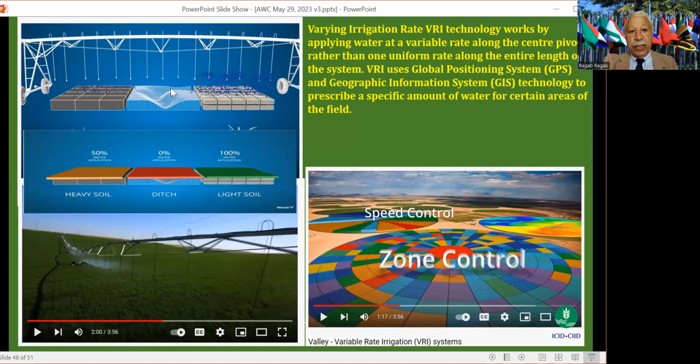No water needs to be applied to the ditch, and a lighter amount of water is applied to the heavy soil compared to the light soil. So you can have that sort of mosaic. Not everywhere gets the same amount of water, but you have different amounts of water according to the heterogeneity of the place under the center pivot.